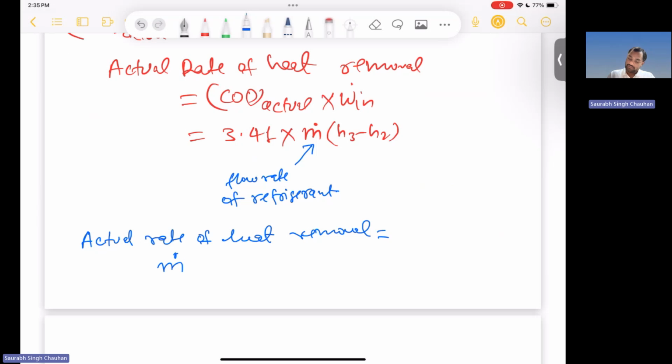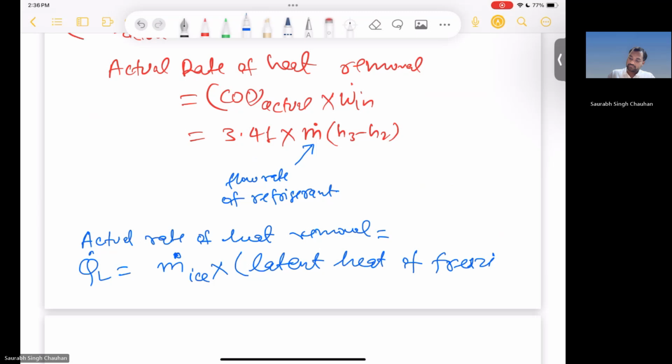This will be equal to the rate of ice formation into the latent heat of freezing of ice.